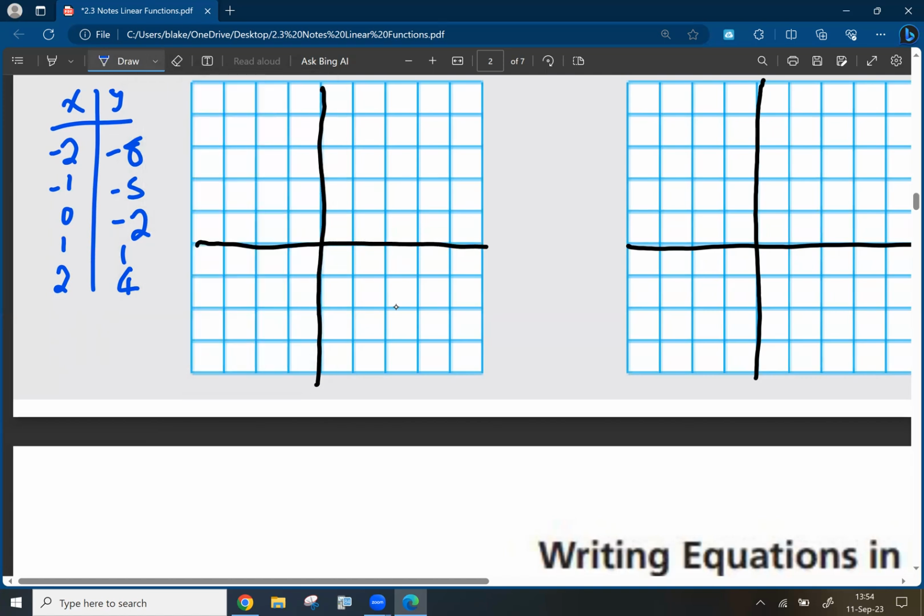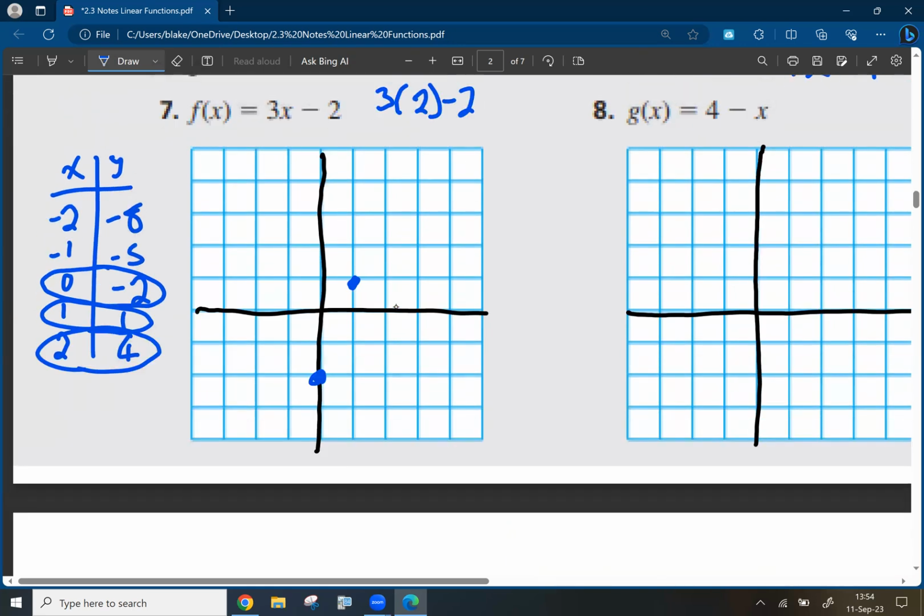So I can fit 0, -2, which is right here. I can fit 1, 1, right here. I can fit 2, 4 as well. It doesn't have to be perfect, but you can see where the line's supposed to be. So we'll just connect these dots, make our line, and good to go.